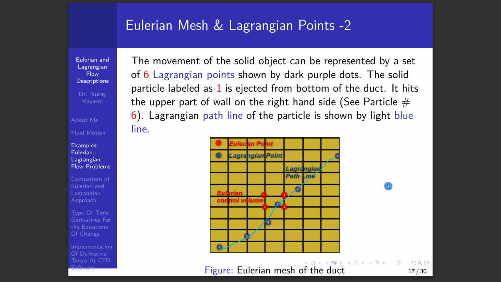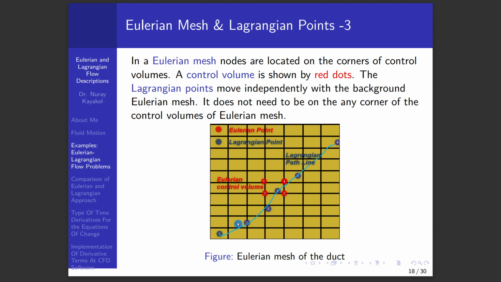This is how path lines of a particle can be used for Lagrangian calculations. And then I'm just giving more information so that you can see the Eulerian control volumes. In this example, 10 by 7, that is 70 grids we have, and in each control volume the gas flow is calculated.